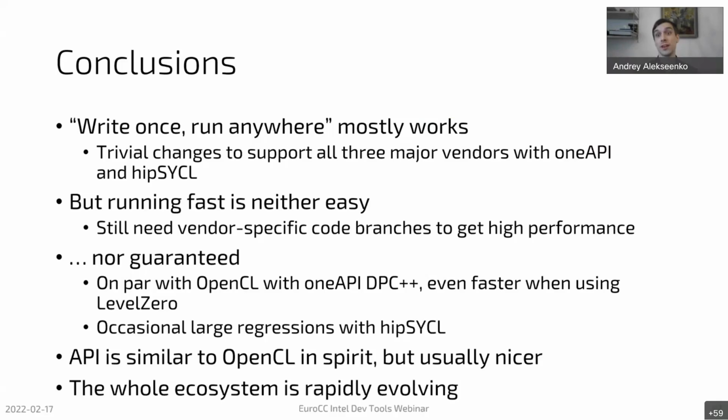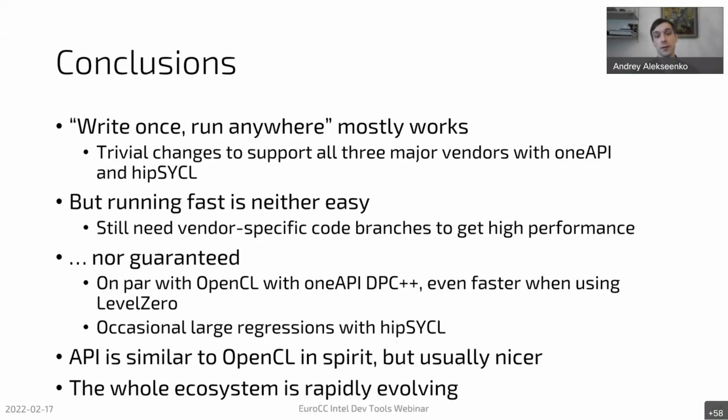Of course, if you want to get really good performance, you still need to do some vendor-specific optimizations here and there to specialize your kernels for different hardware, probably different generations of hardware from the same vendor. There's no getting away from it, but simple kernels work well without any specialization, and if you're not interested in pushing the hardware to its limits, yeah, you can use the same code. It will likely work decently well.